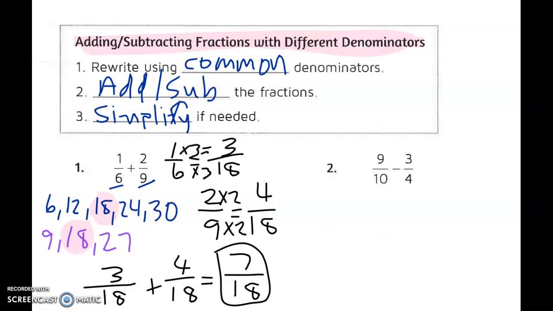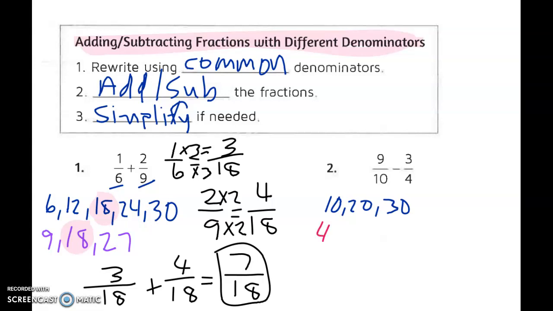All right, let's look at the next one. We have 9/10 minus 3/4. So we're going to go ahead and list the multiples for 10. You have 10, 20, 30. We'll just stop right there. And we'll go for 4.